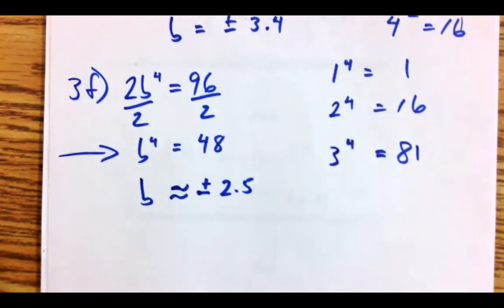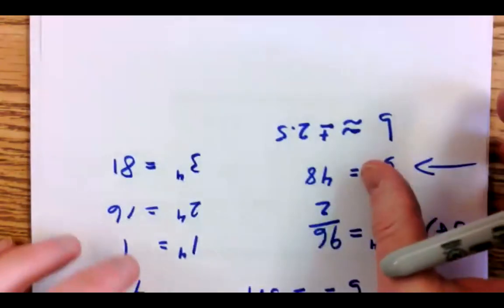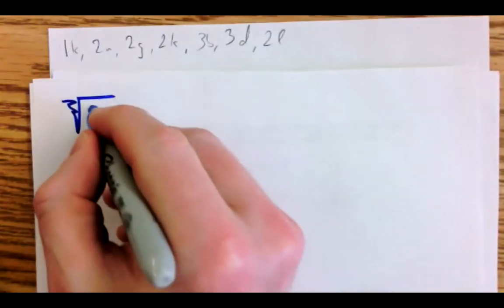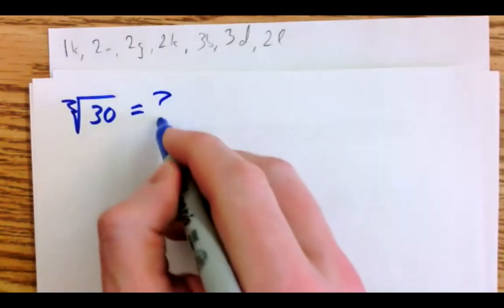What's that? Sorry, what did you say, Olivia? I just said the cube root of 30 would be 27,000. Oh, no. Caleb was just throwing out numbers and I was just showing off. No, cube root of 30? So here, how would you do that? Okay, let's do that. Cube root of 30. What is that?